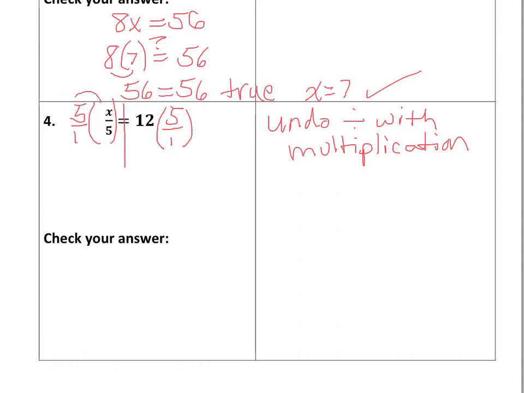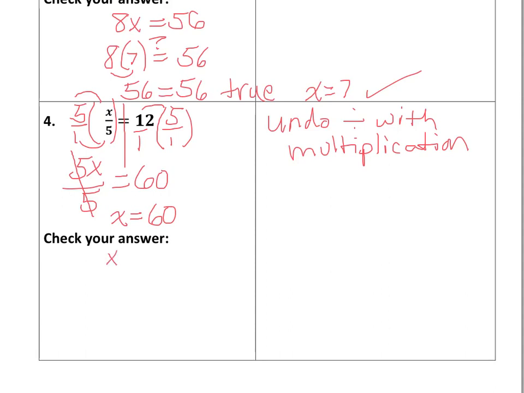If I multiply these numerators, 5 times x is 5x, 1 times 5 is 5, and over here, if I'm going to multiply this whole number, 12, by 5 over 1, I'm just going to multiply them together, which is 60. And finally, 5 divided by 5 just reduces out to 1. Anything divided by itself is 1. So x is now finally isolated all by itself. X equals 60.